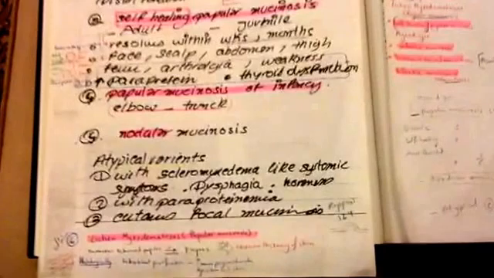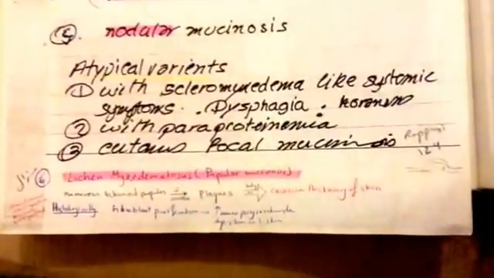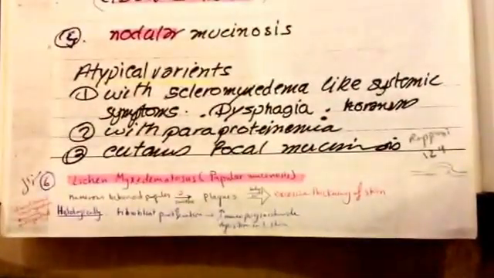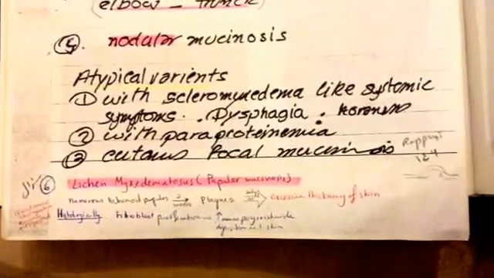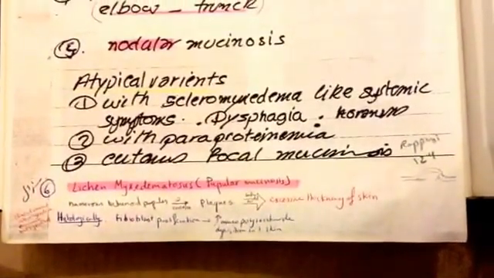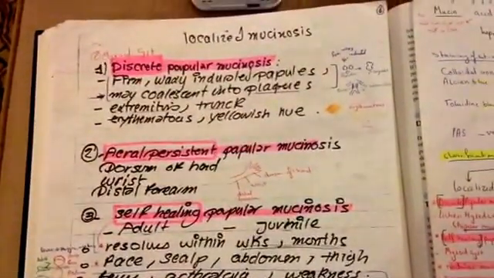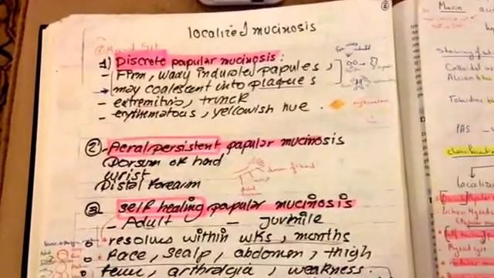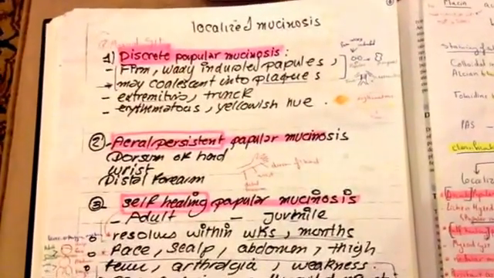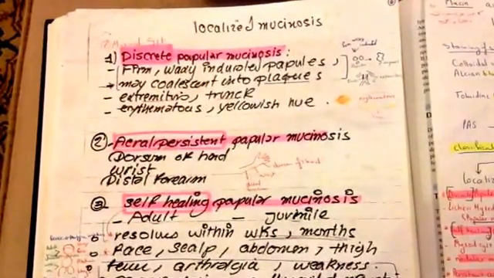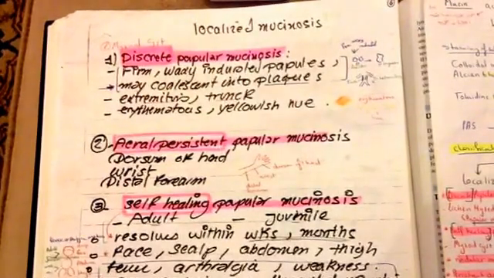So the lichen myxedematosus, as we said, has numerous lichenoid papules that coalesce into plaques, with excessive thickening of skin, and histopathology showing fibroblast proliferation and increased mucopolysaccharide deposition in the skin. And the myxoid cyst. The discrete papular mucinosis: firm, waxy, indurated papules that may coalesce into plaques in the extremities and trunk, with an erythematous yellowish hue.